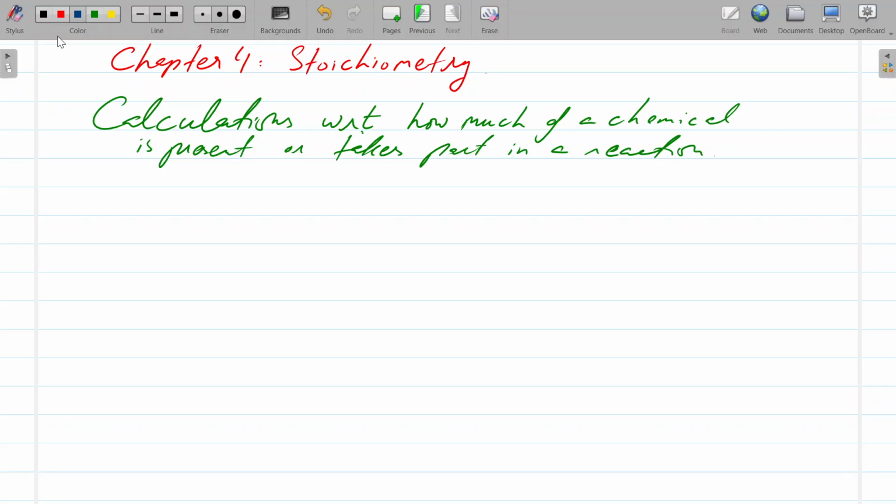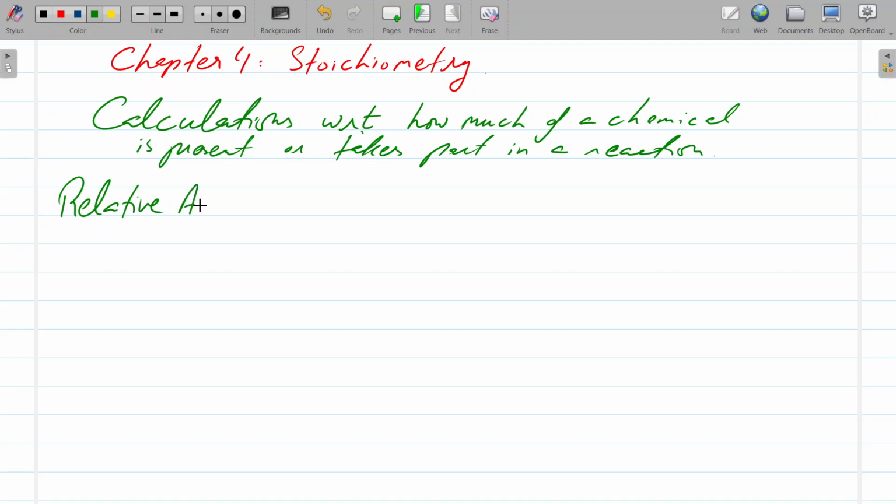The very first concept we're getting into is something we've come across in an earlier chapter, I believe chapter 2, atoms, elements, and compounds, or chapter 3, and that is relative atomic mass. Do you remember this?